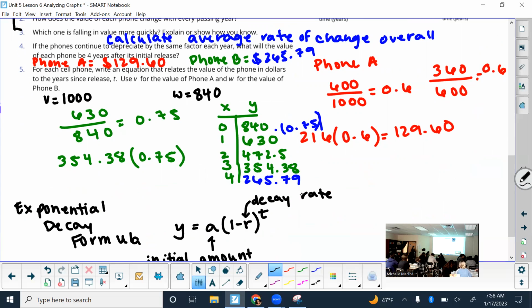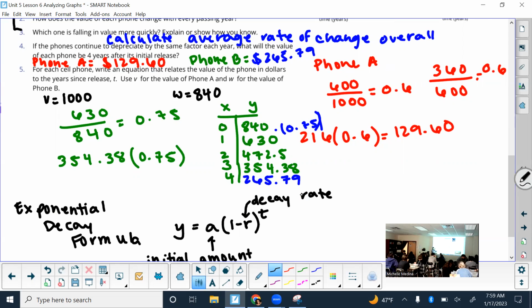Now, this can also be confusing. Or maybe not. Decay rate is what it's decreasing by. So if we're timesing it, say for phone B, by 0.75 each time, what is it decreasing by? It's decreasing by 0.25. I know that's hard to figure out, but the reason we're timesing it by 0.75 is because we've already subtracted the decay rate from the 1.